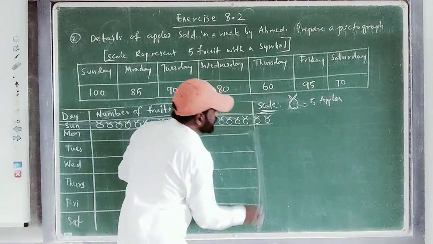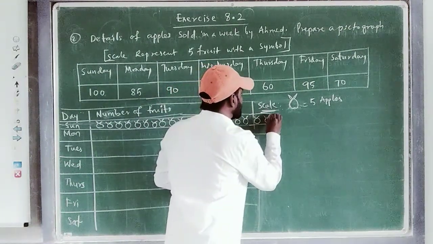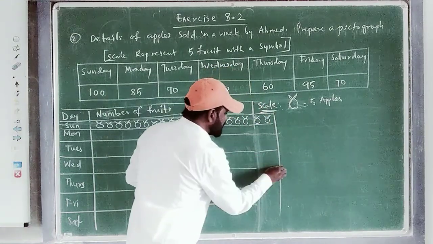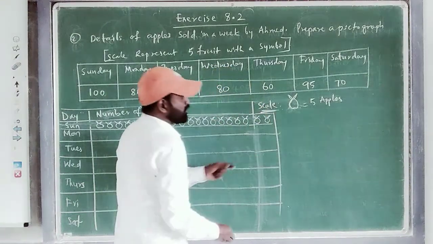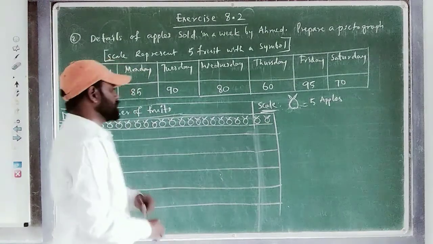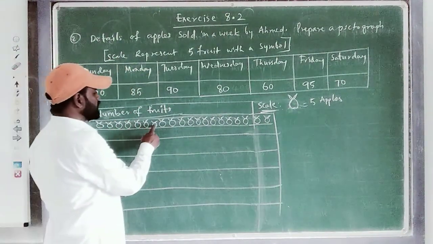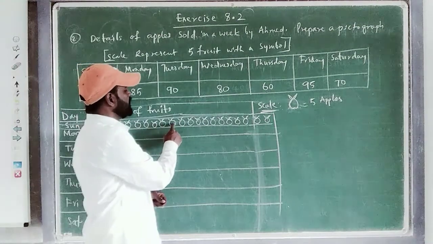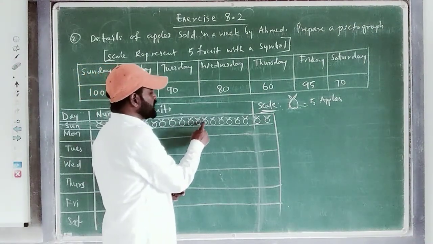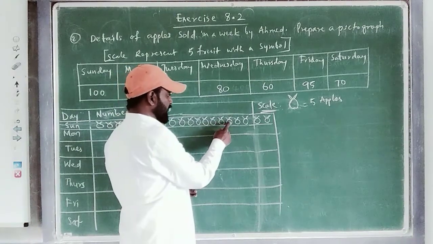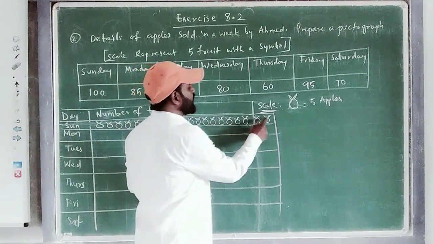So 20 pictures of these apples will be equal to 100 apples. 5, 10, 15, 20, 25, 30, 35, 40, 45, 50, 55, 60, 65, 70, 75, 80, 85, 90, 95, 100.